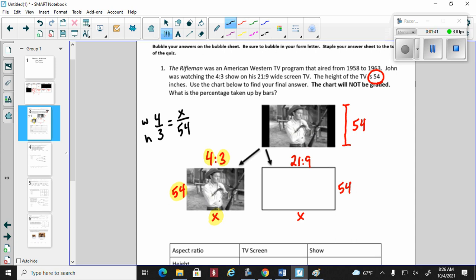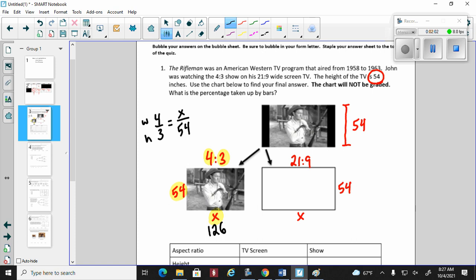Now I'm going to cross multiply and solve. If you need me to explain cross multiplying and solving, let me know. But I'm just going to go ahead and do it, and you get 126 for your width.